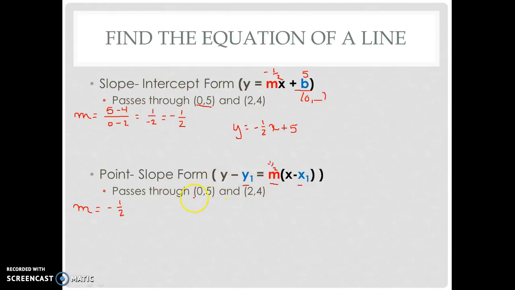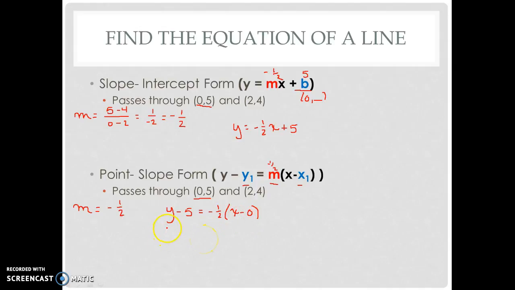My advice is to typically work with one of the points that does have a 0 in it, because that might eliminate an extra step of work. So what we have is y minus the y value of the point that we chose to work with is equal to m, which is our slope, negative 1/2, and then in parentheses, times x minus the x value of the point that we chose to work with.